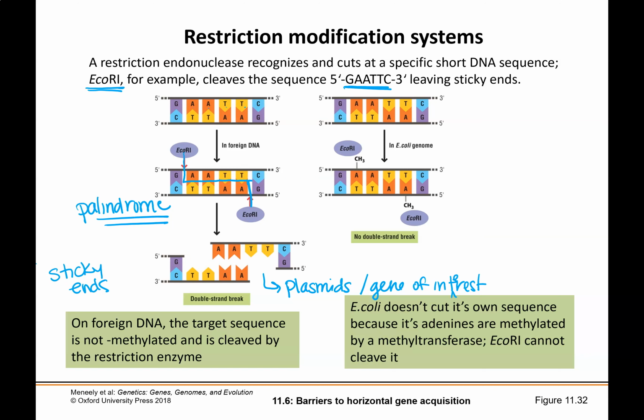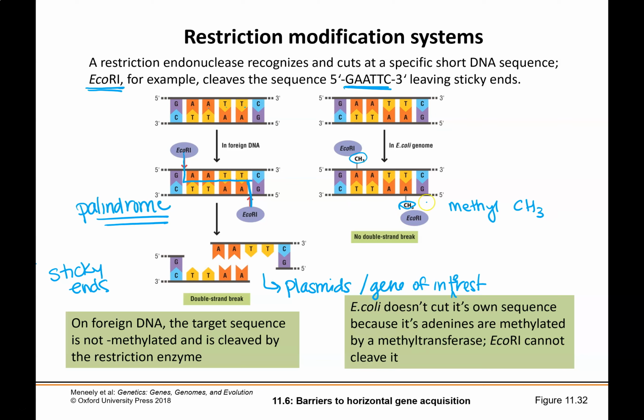Now, you might be thinking, well, how does E. coli not cut its own genome with EcoR1? Well, it doesn't cut its own genome because every organism makes specific modifications to its own genome. When E. coli performs its DNA replication, it actually does what we call methylation. This is a methyl group, the CH3, and it adds methyl groups to some of its adenines.